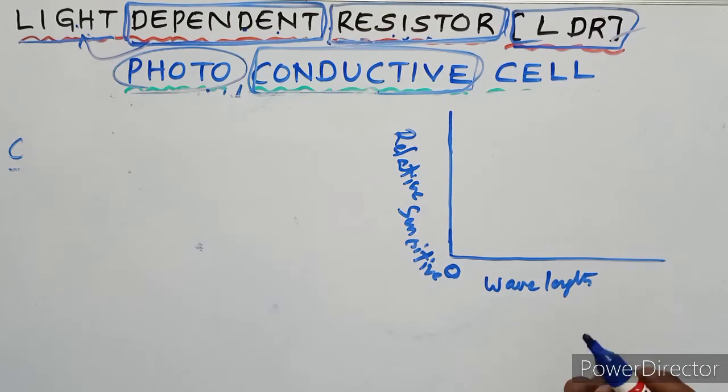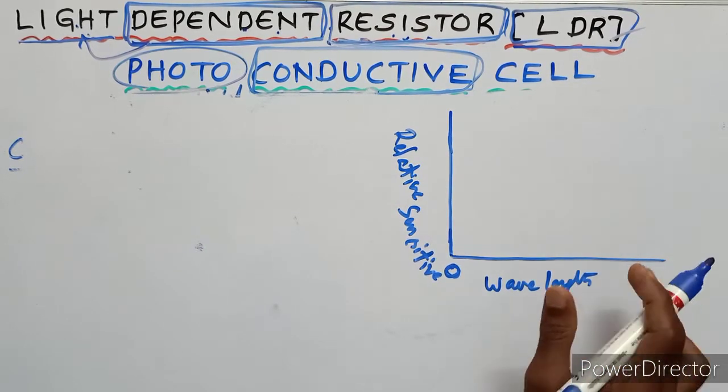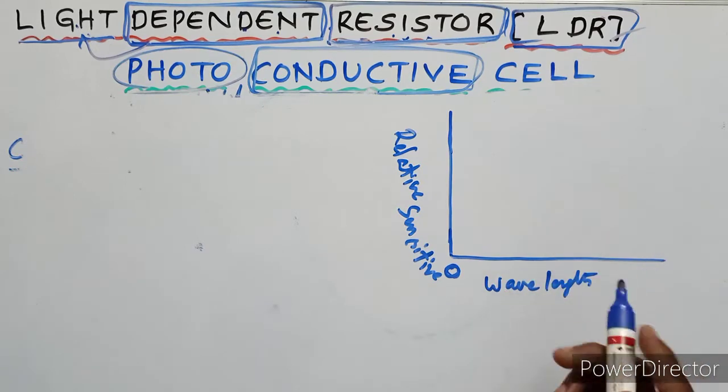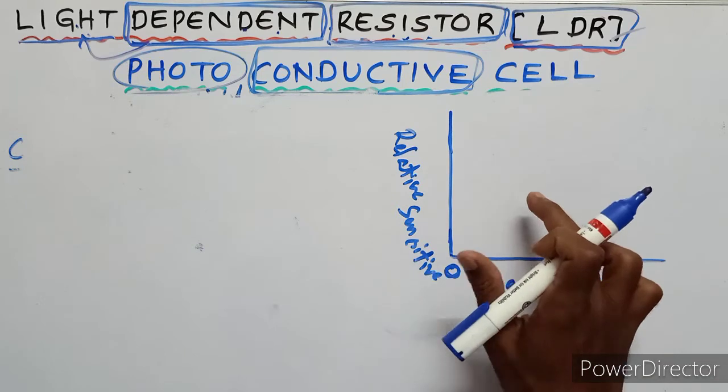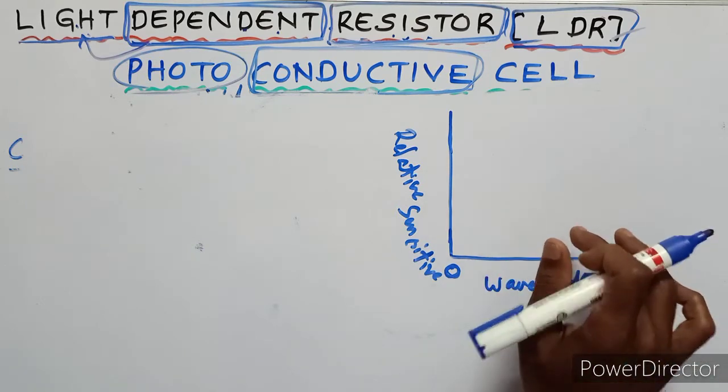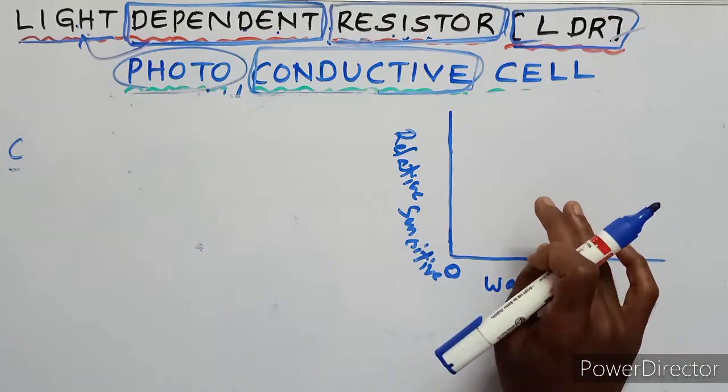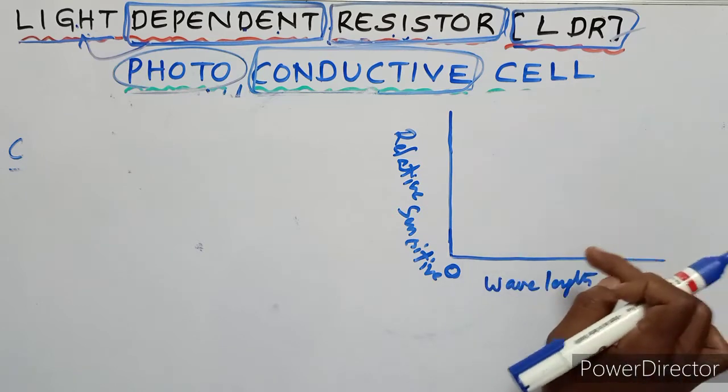Then the spectral response of CdS, that is cadmium sulfide. The spectral lines are produced. It is closely matching the response of the human eye, because the human eye's response is very sensitive to visible light.